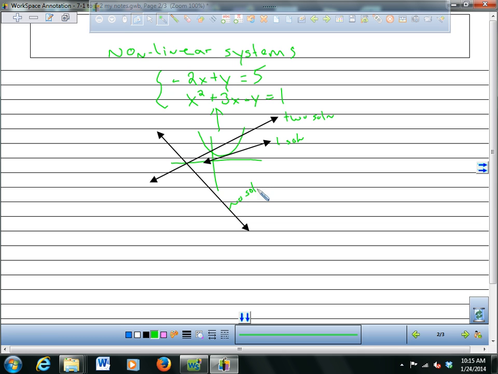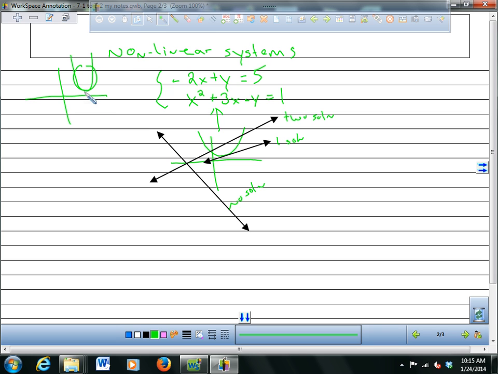So you've got to be aware of that, and we'll talk about what that looks like algebraically. This one happens to have solutions. Also, if you have a circle and a parabola, different things can happen. How many different solutions could I have? I could have 4. Could I have 3?